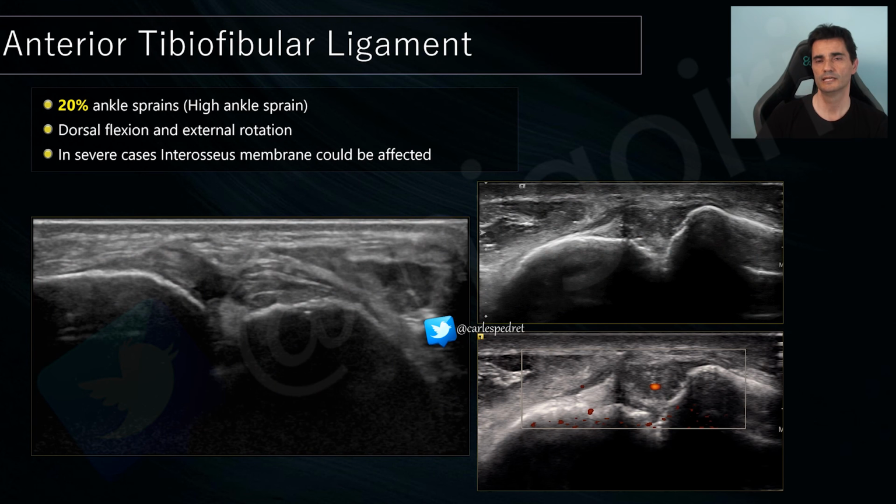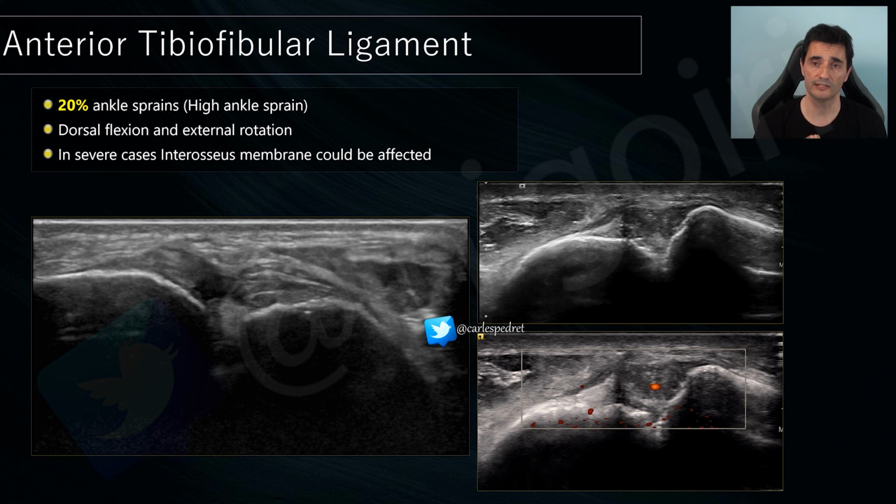And that's all for now. The next video will be about the next ligaments and other structures which can be affected. Okay, remember, the most important, the anterior talofibular ligament. Always check the calcaneofibular ligament dynamically, and don't forget to test plantar flexion if dorsiflexion doesn't stretch this ligament.